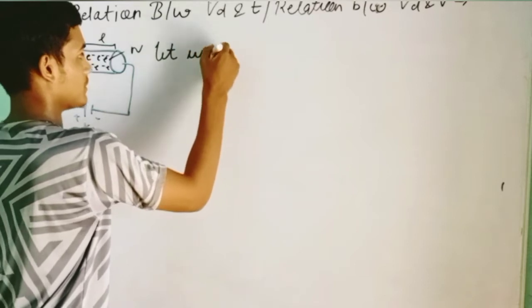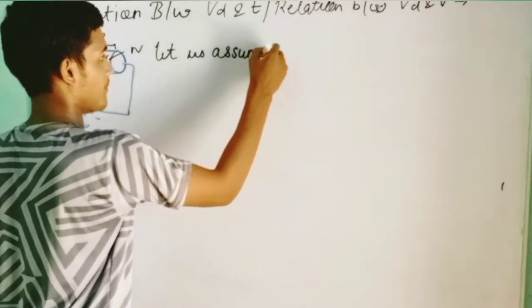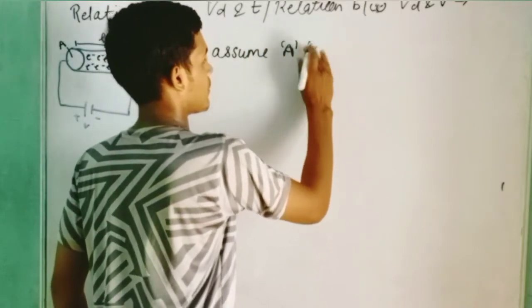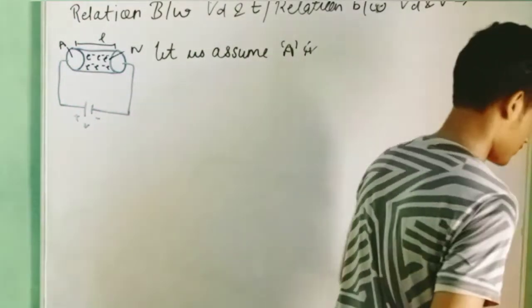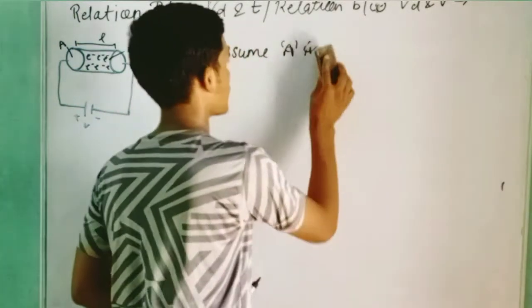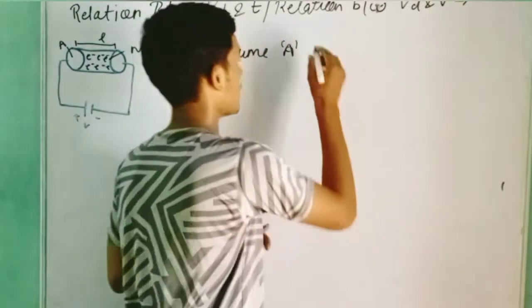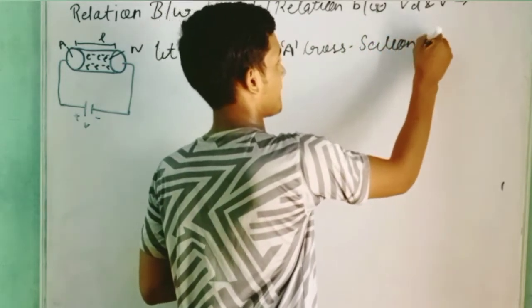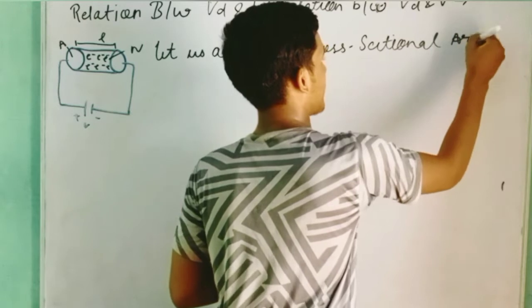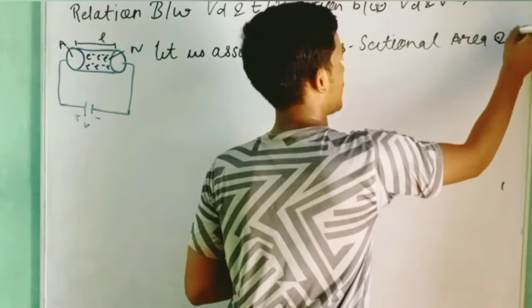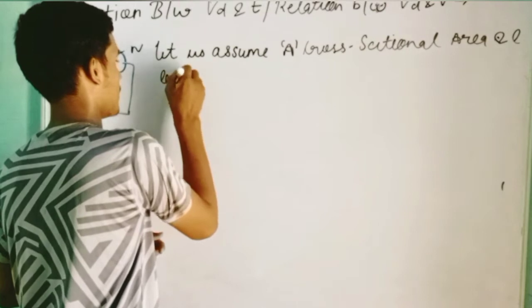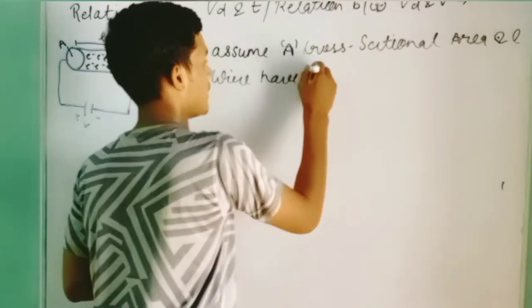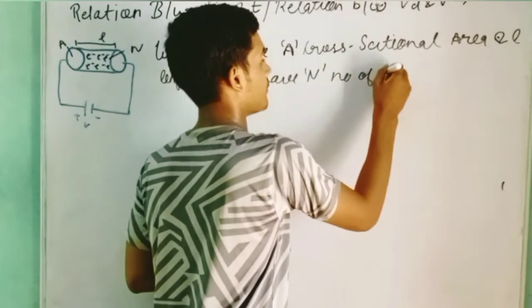Let us assume A is the cross section area and L is the length of the wire, and the wire has N number of electrons.